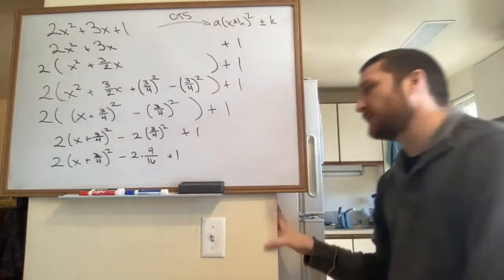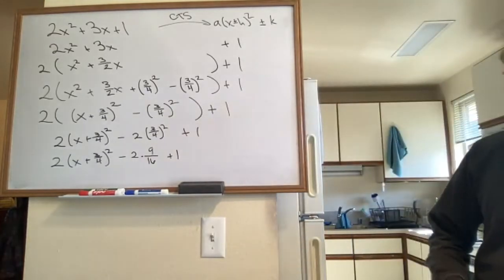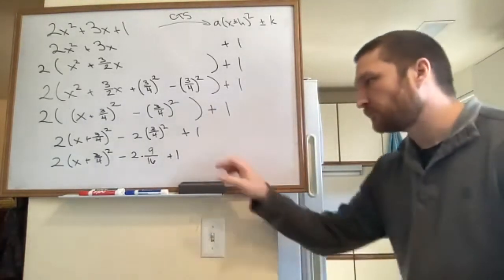We have a 2 on the top, 16 on the bottom, so that seems like we could take care of that pretty easily.